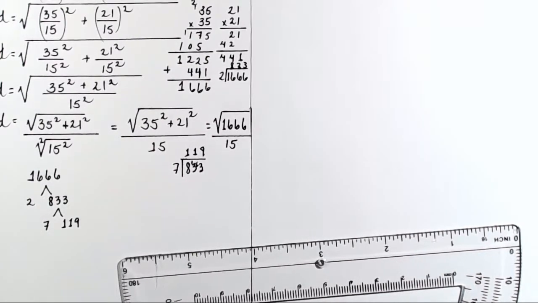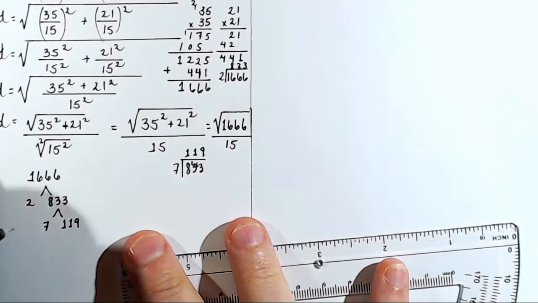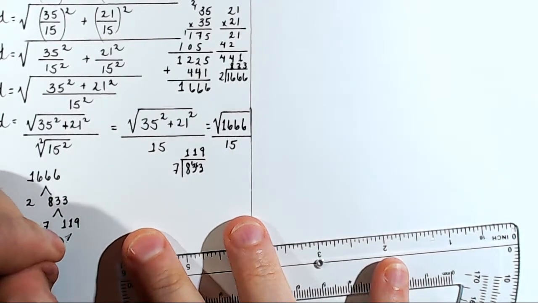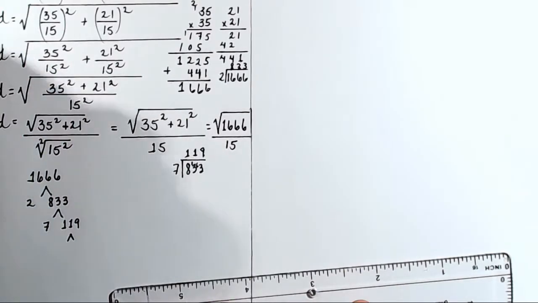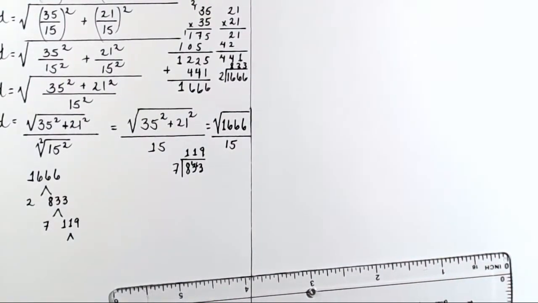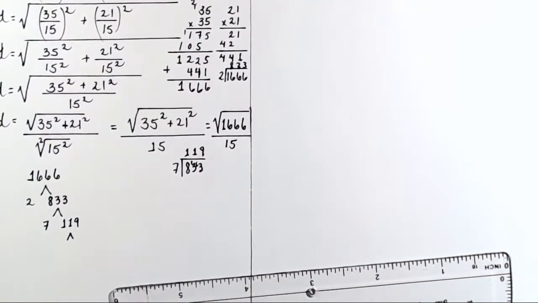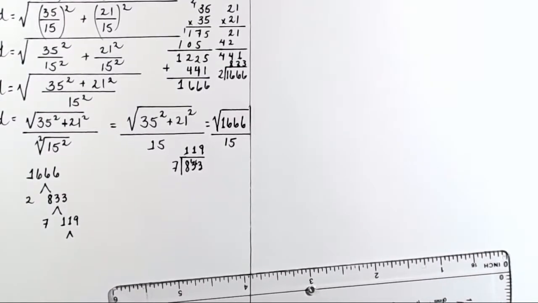Well, let's see. So now we have 119. And we need to try to break it down. It could be prime. Okay, I don't know. Let's see. So 119, what can that be broken down into?